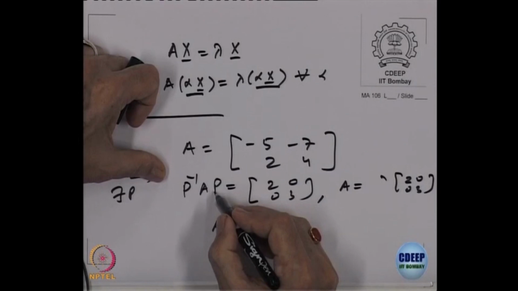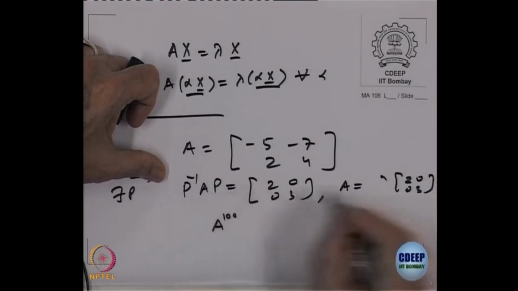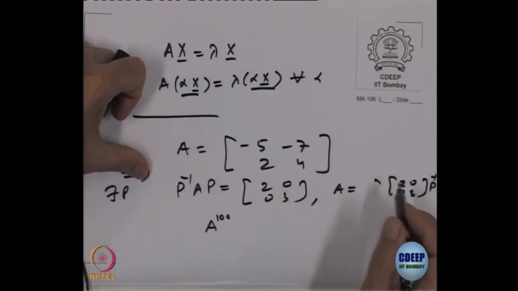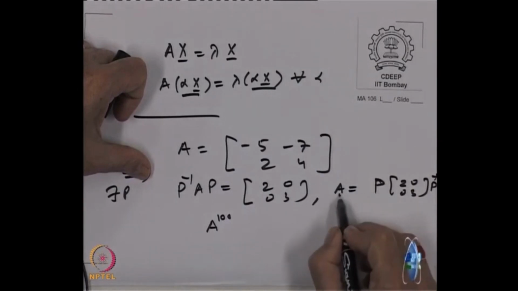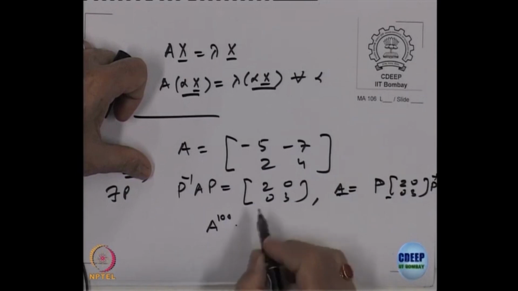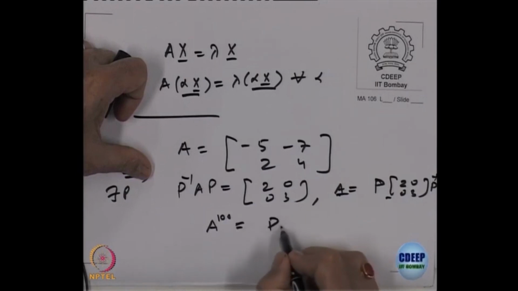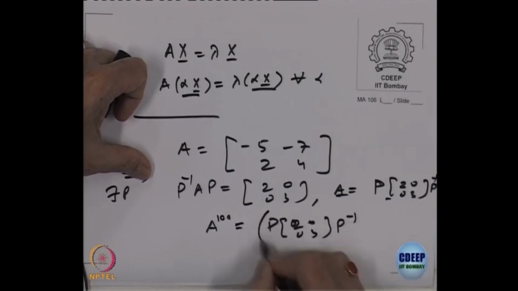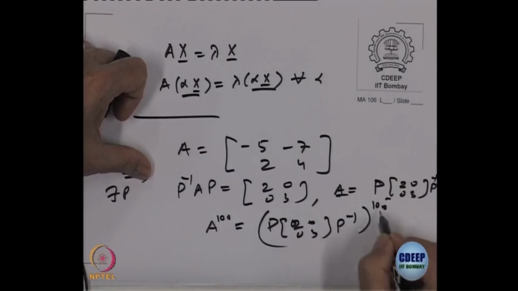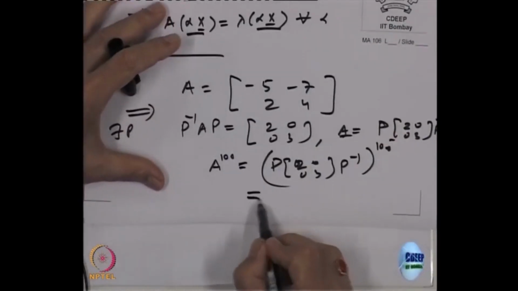On the right I multiplied by the inverse, and here I multiply by P. So what is A to the 100? That is P, the matrix 2, 0, 0, 3, P inverse, whole thing raised to power 100. Looks surprising, no? What is it equal to?